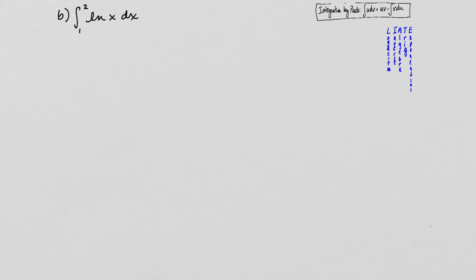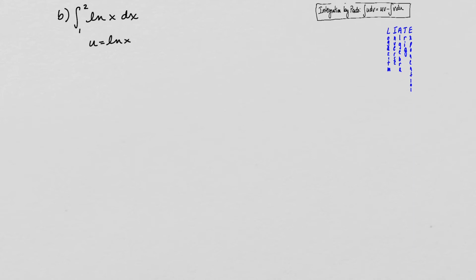If we look at that list, the very first thing says, things I should pick for u, logarithms. Do I have a logarithm in this problem? Yeah, I have the natural log. So natural log is a form of a logarithm, right? So I am going to let my u be the natural log of x.